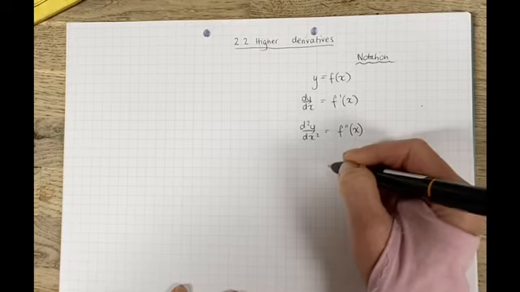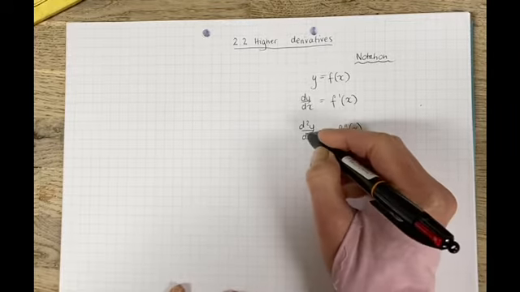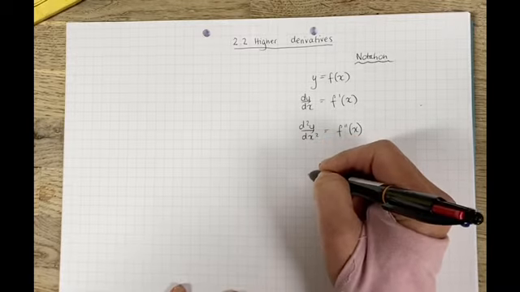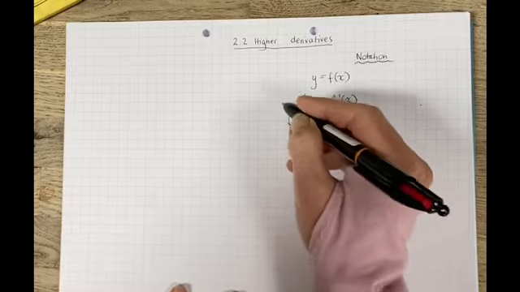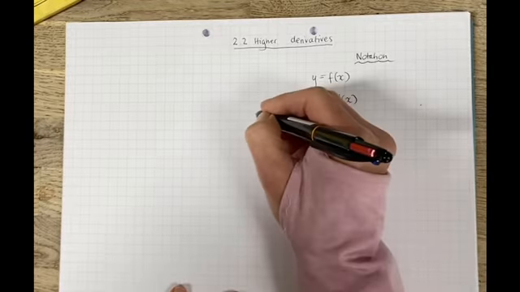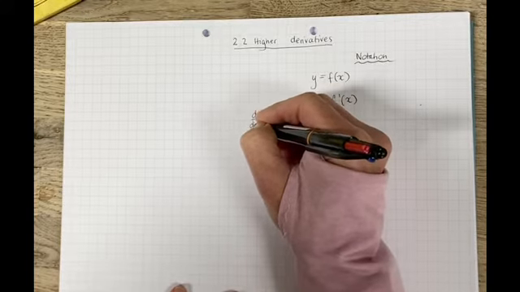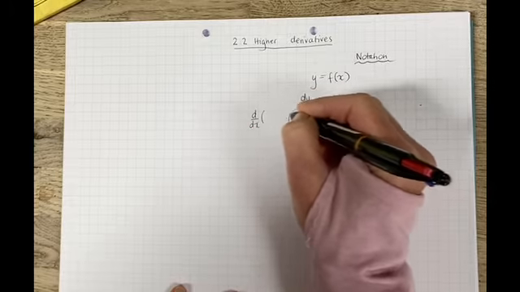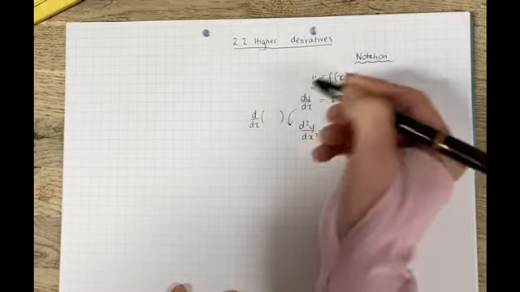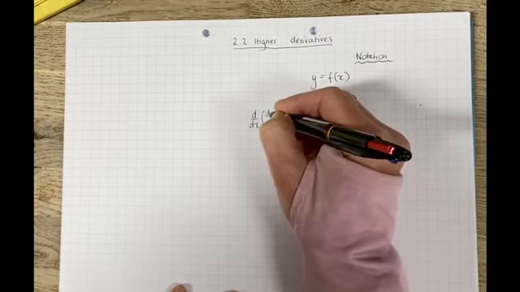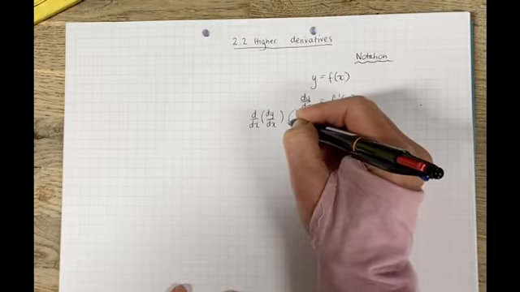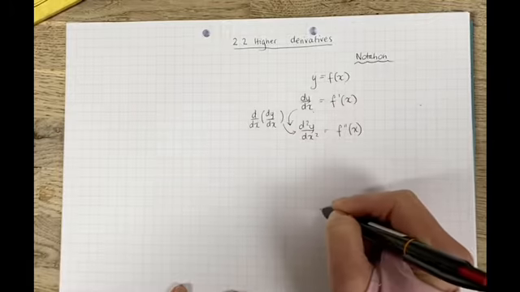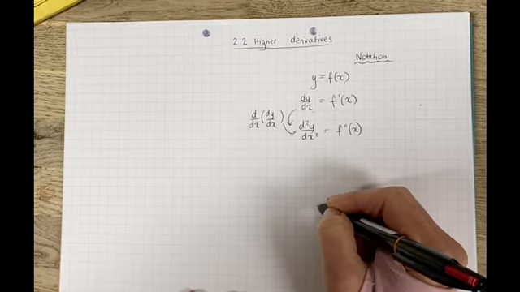You can actually carry on in this vein. The action of differentiating the first derivative, you could write as d/dx, and then what you are differentiating you put in brackets. Here it happens to be dy/dx, so this is equal to d2y/dx squared.